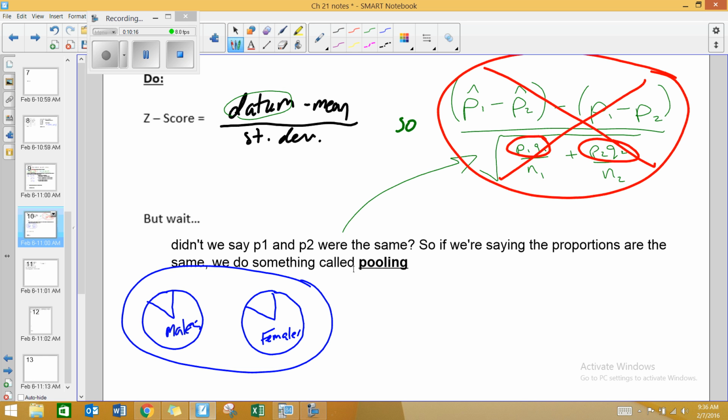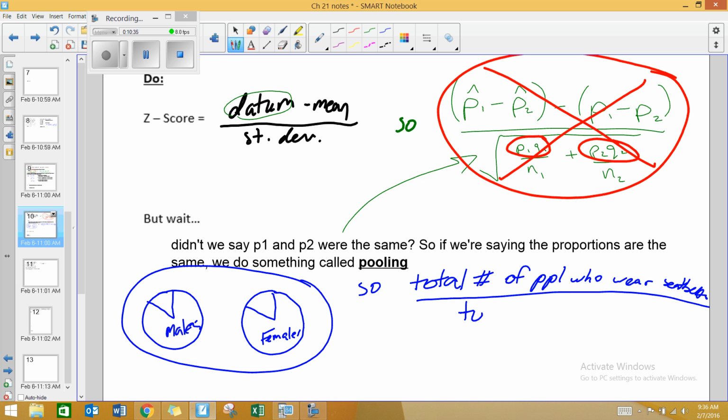So the total number of people who wear seatbelts over the total number of people in the study. Let me rewrite that, a little more legible.